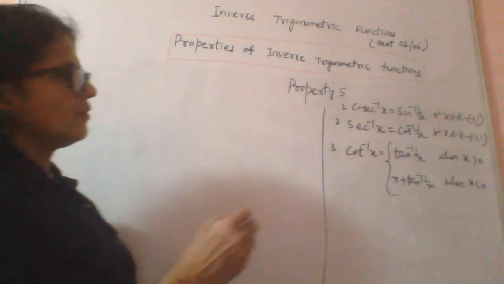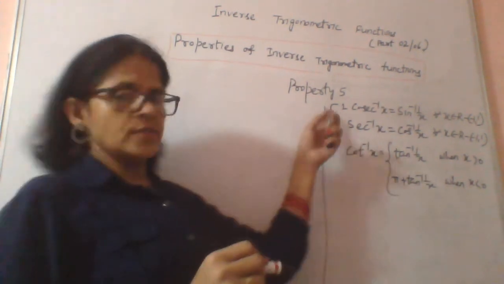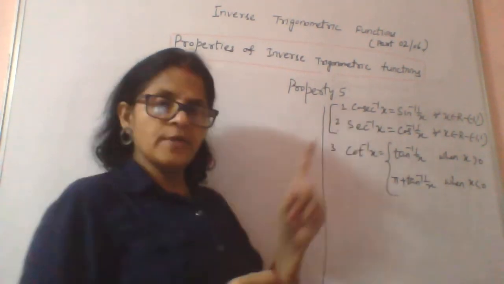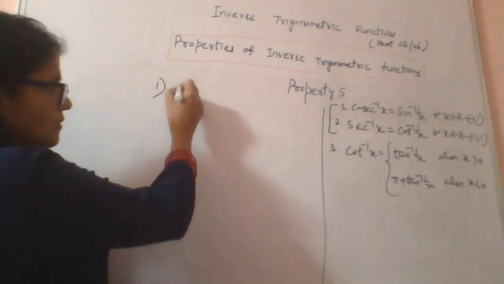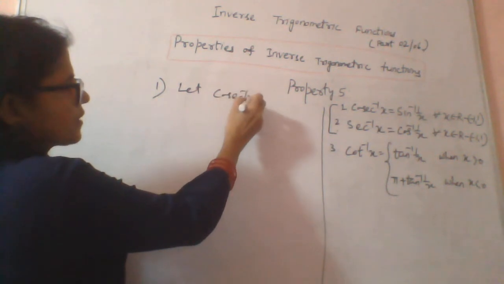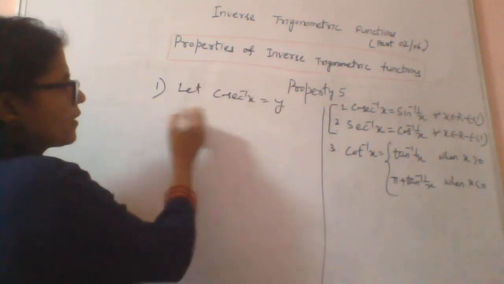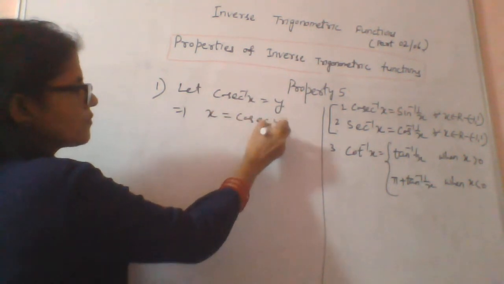So coming to the proof of these parts. Out of the first two parts I will be taking one part, so maybe I can take the first part. Let cosec inverse x equal to y. It means x equal to cosec y.